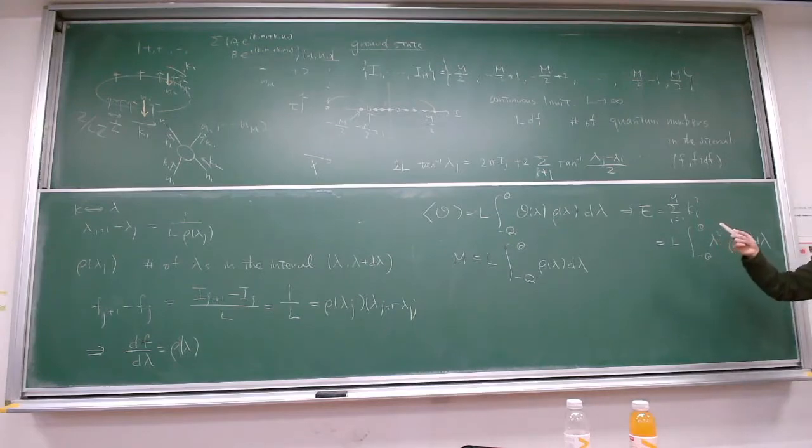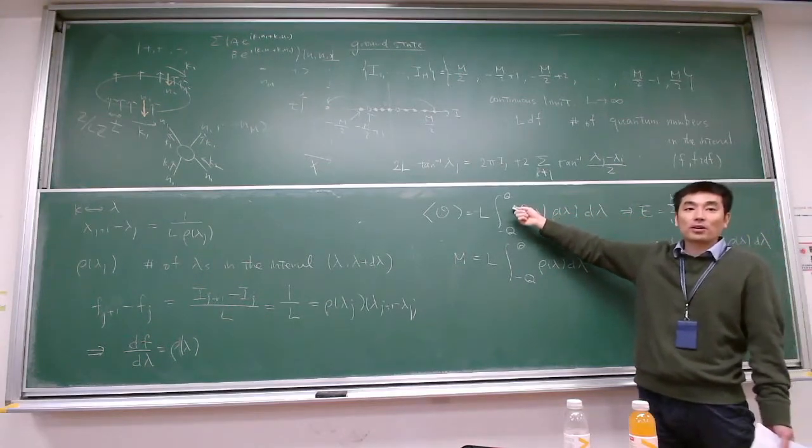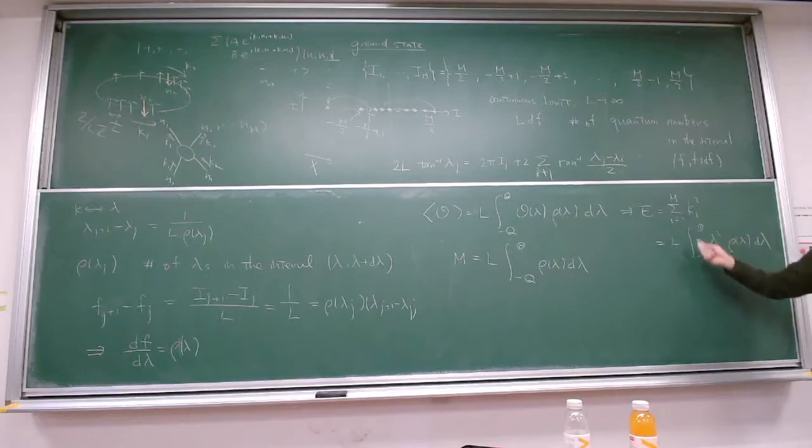That's the expectation value of the Hamiltonian energy in the continuous limit. Do you understand? So lambda squared is really the energy operator now, and the sum becomes an integral with density. Is it okay?